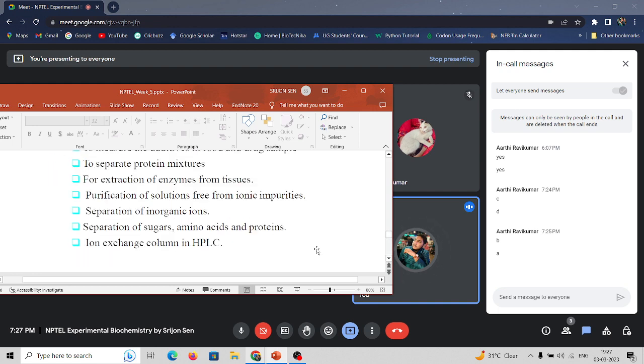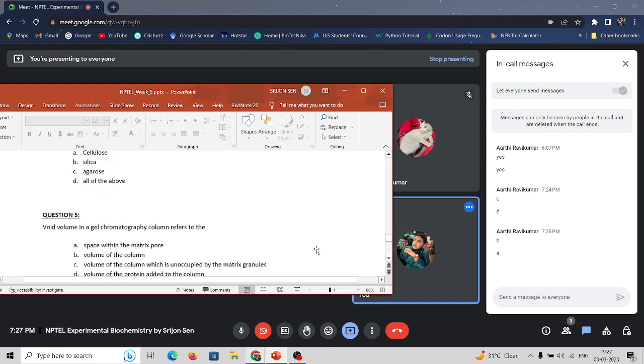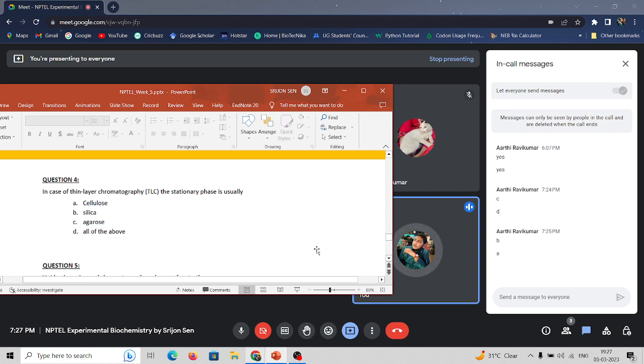Coming to the next question. Number 4: in case of thin layer chromatography, TLC, the stationary phase is usually... I haven't spoken of thin layer chromatography, but what can be used in it? No, actually not all of these can be used.